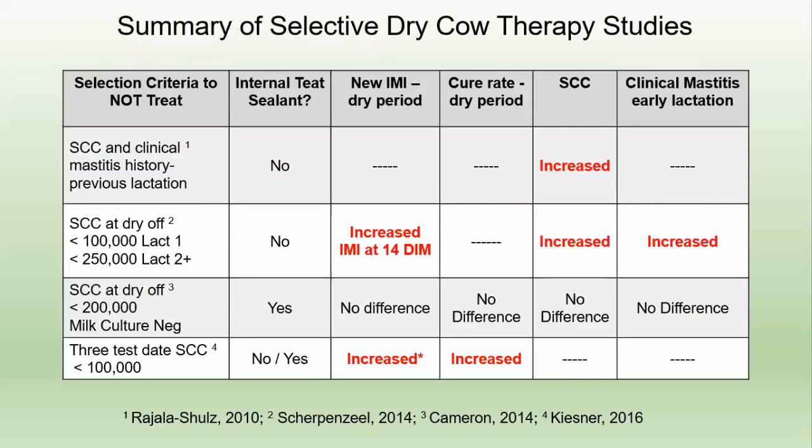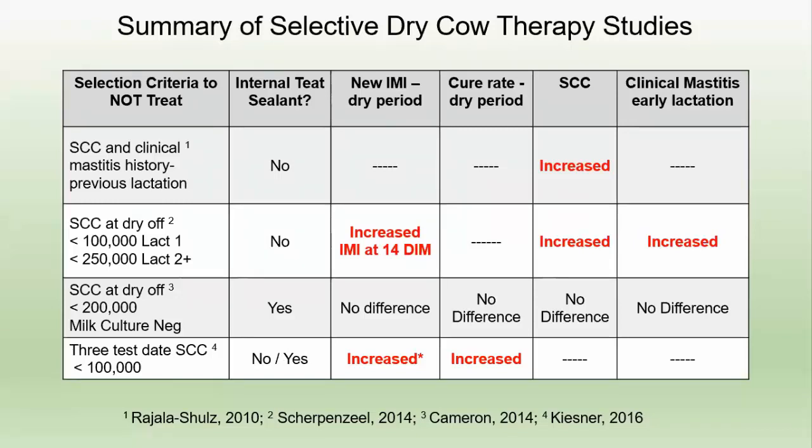So let's summarize those studies. And this is by no means meant to be a complete review of all publications, but I think it drives home some pretty important points. One, if you're going to try selective dry cow therapy in your herd, you need a way to identify potential cows not to treat versus those cows that should be treated.